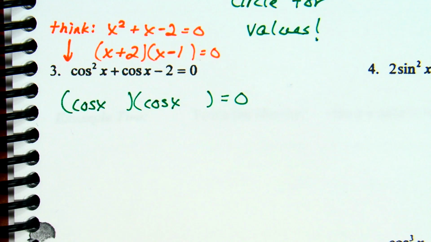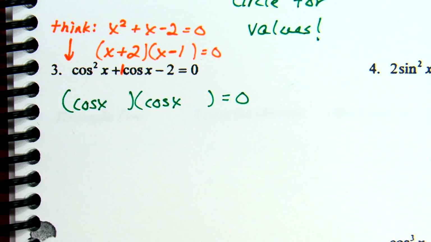And then we're still asking the same question: what multiplies to be negative 2 and adds to be 1, which is the plus 2 and minus 1. Now, you can go think algebra and convert it to x squared plus x minus 2 every problem if you need to. If you get to the point where you can think in terms of the trig functions, that's fine. But if you need to, always start here.